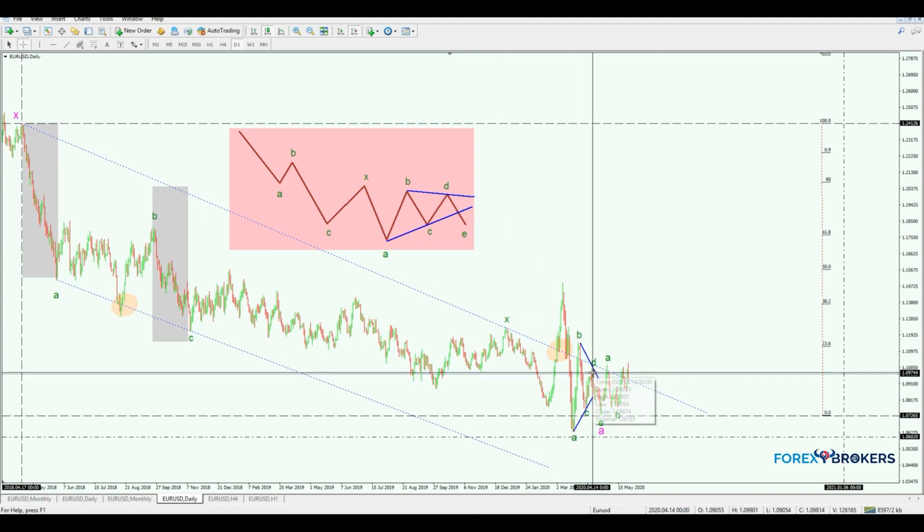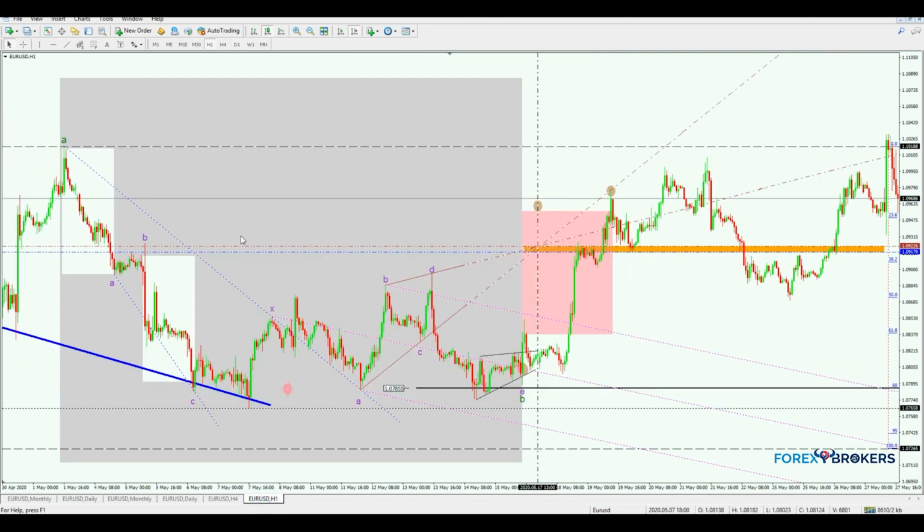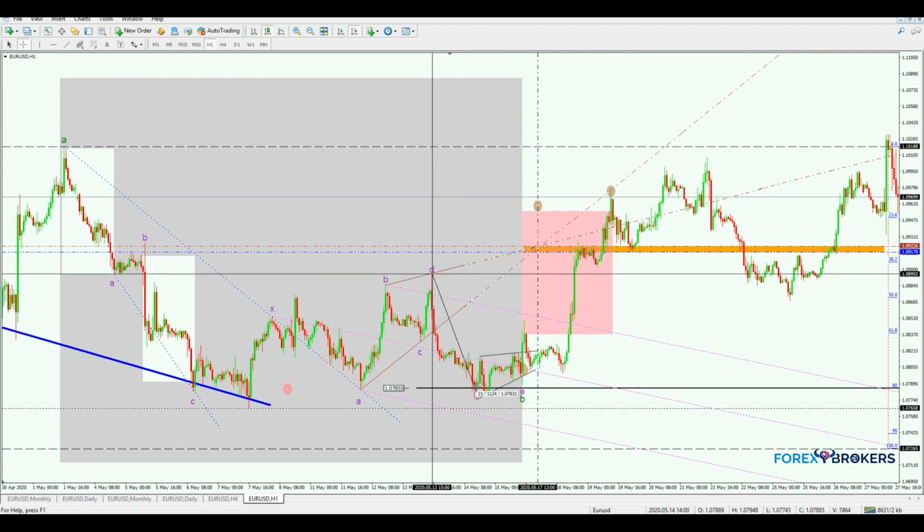So for this E wave, if you go on the lower time frames, you will most likely find a triangle. On a lower time frame, for that E wave, most likely the market forms a triangle, A, B of a lower degree. Not labeled here, but you can imagine one: A, B, C, D, E. The market breaks the B to D trend line, consolidates, retests the B to D trend line, and then pushes forward to the upside.